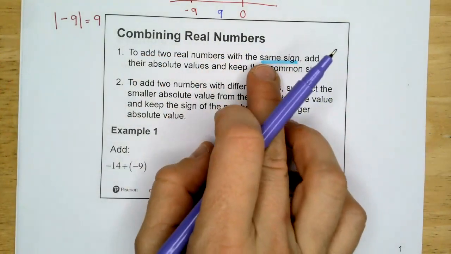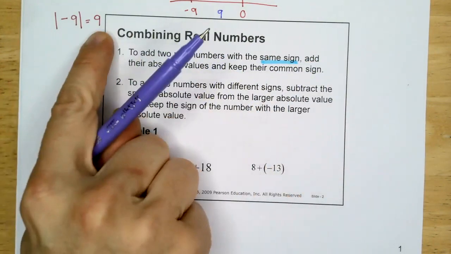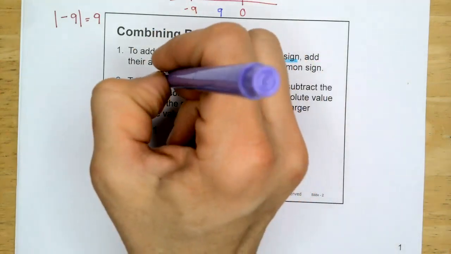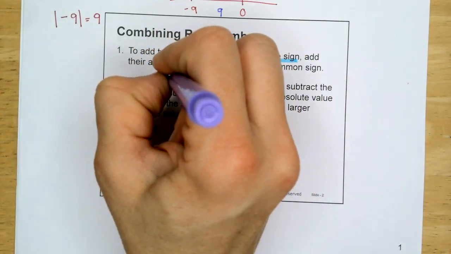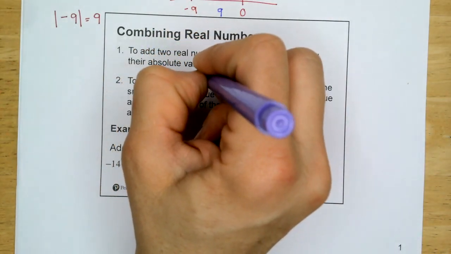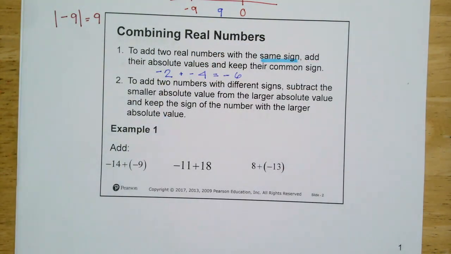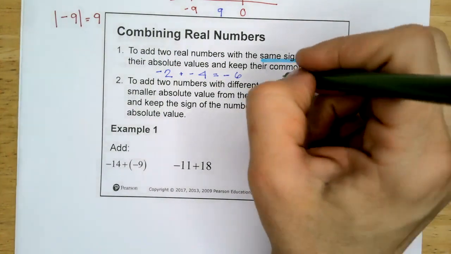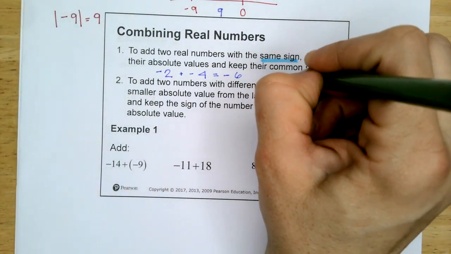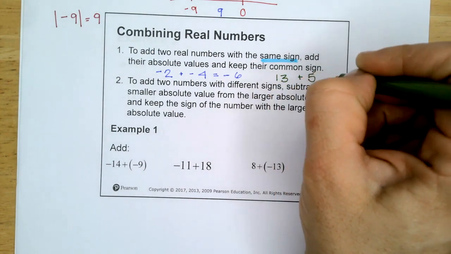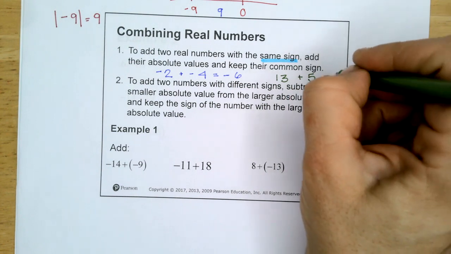To add two real numbers with the same sign, add their absolute values, so ignore the signs, and keep the common sign. For example, -2 combined with -4 becomes 2 plus 4 is 6. The common sign is the negative sign, right? Alternately, +13 and +5. 13 and 5 is 18.